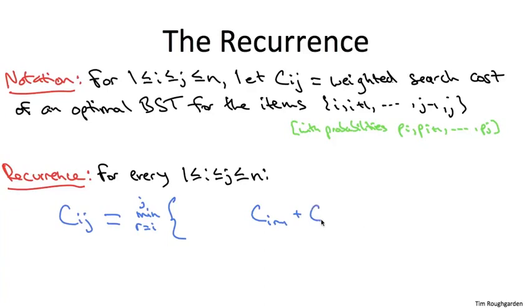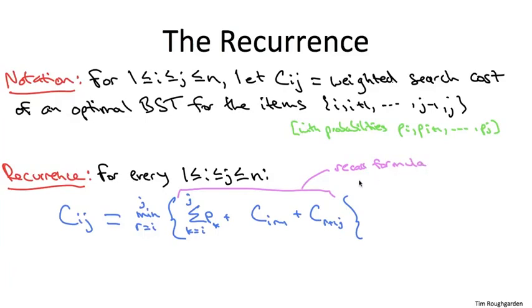And if you go back to our proof of the optimal substructure lemma, you'll see we did a calculation which gives us a formula for how the weighted search cost of a tree depends on that of its subtrees. And in addition to the weighted search cost contributed by each of the 2 search trees, we pick up a constant, namely the sum of all of the probabilities in the items we're working with. So here that's the sum of p_k, where k ranges from the first item in this subproblem I to the last item in this subproblem j.